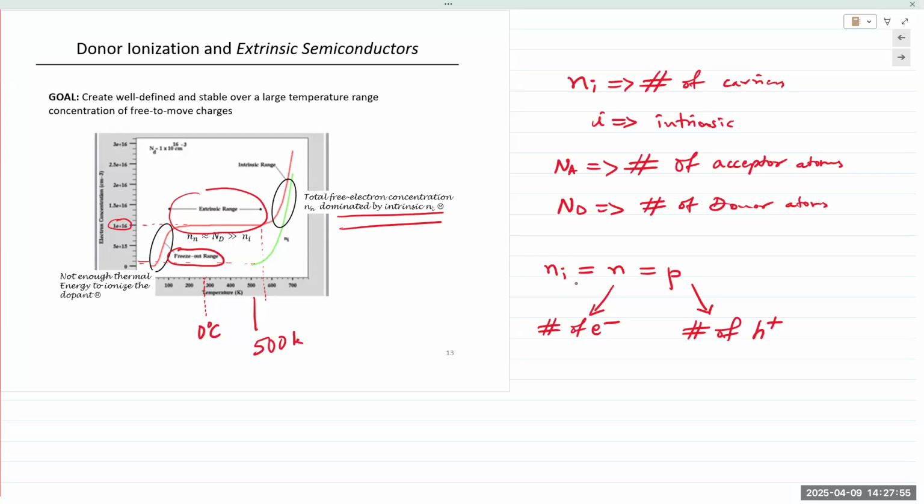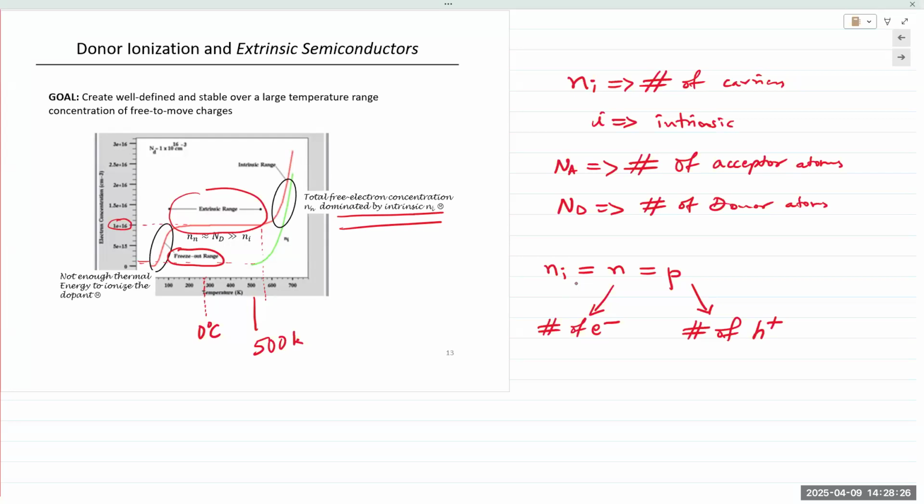Every time there's an empty spot, an electron could lose energy and drop into that empty spot. When an electron drops into that empty spot, that process is known as recombination. Okay. So you have generation and you have recombination. So every time an electron jumps into an empty spot, it recombines with the hole, and the negative and the positive charges disappear.